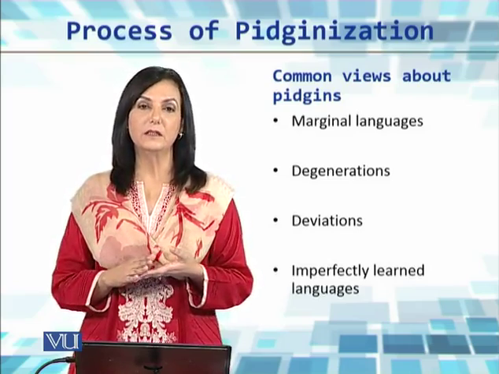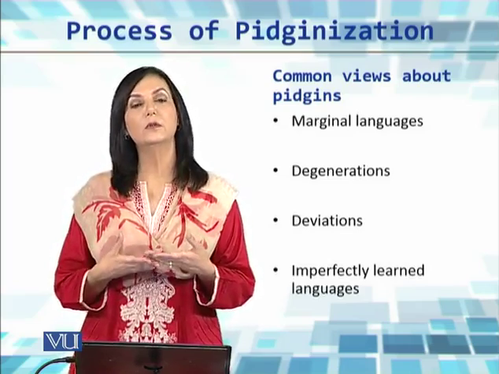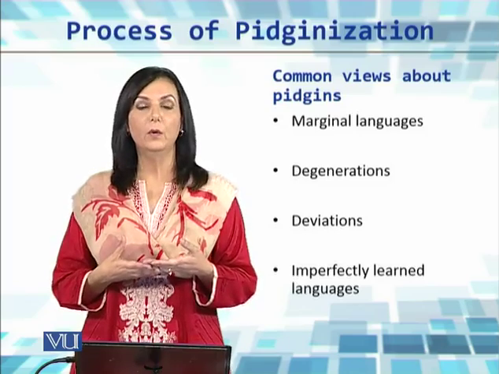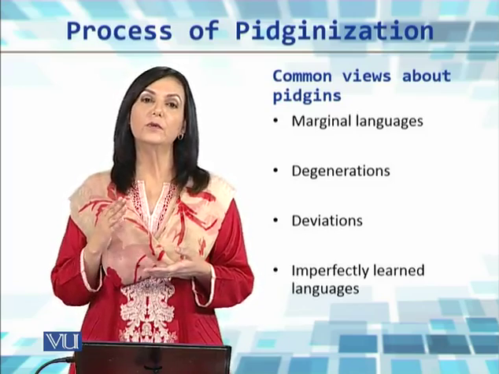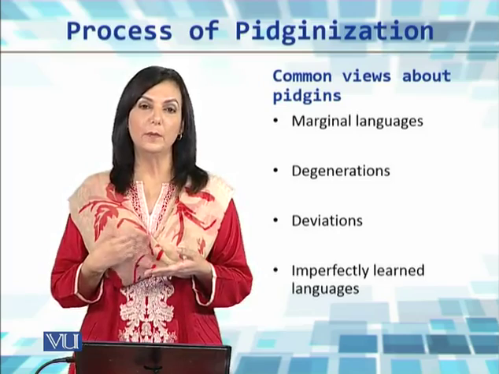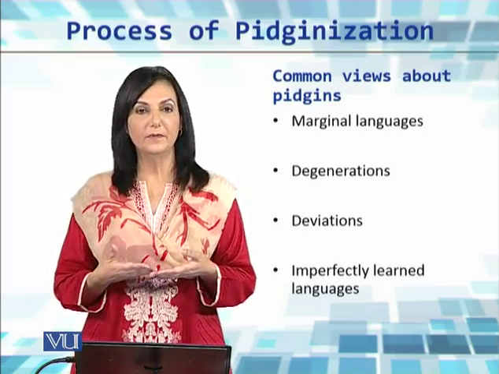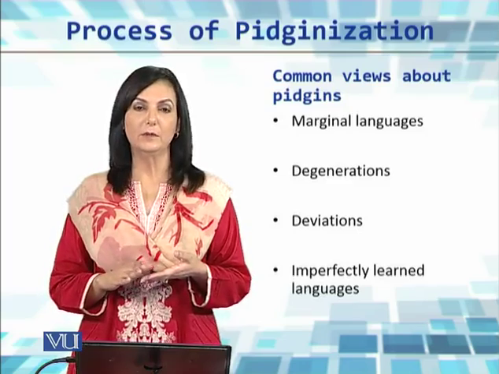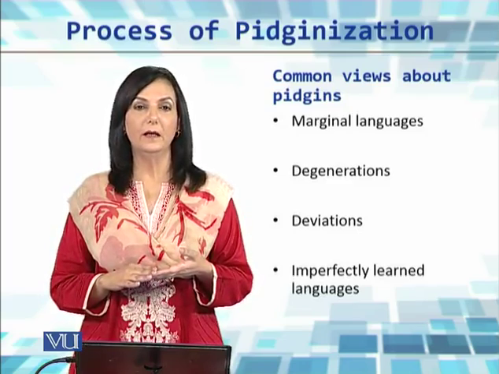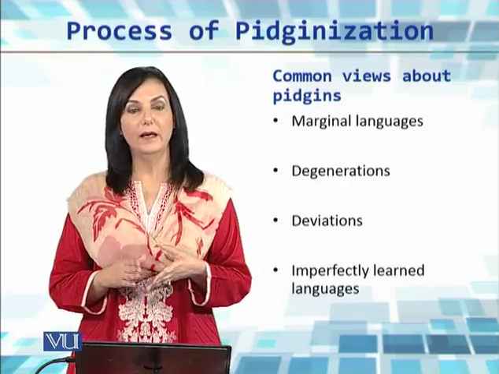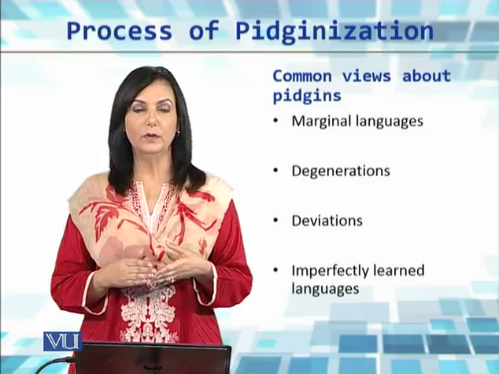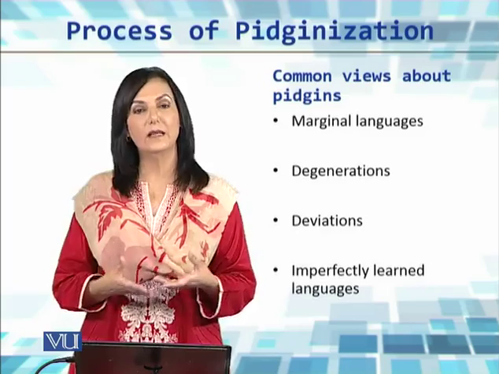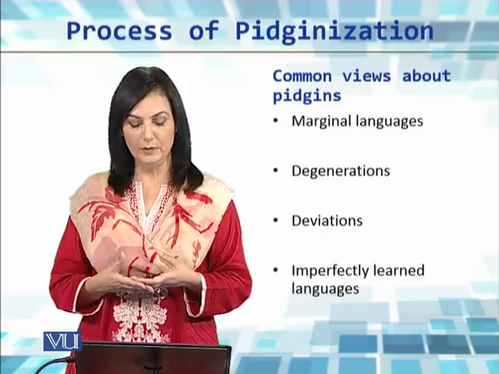They're also considered marginal languages because of the knowledge which we have about them. Also, the attitude of the people whose dominant languages have been simplified to be used as pidgins, their attitudes towards these languages are also very scornful, and that also contributes to the viewing of these languages as marginal languages.